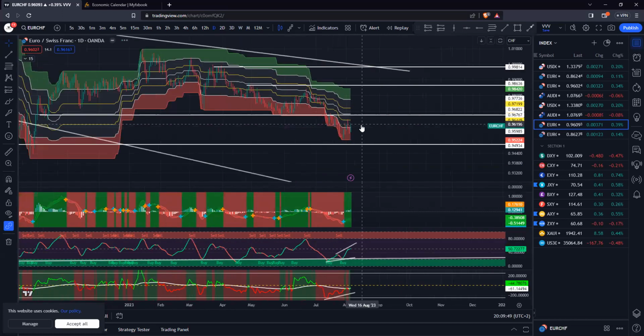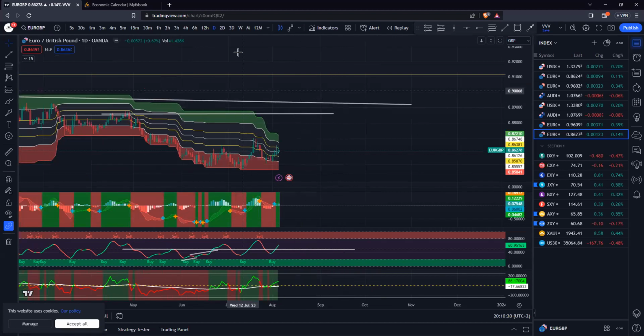So what I expect from the EUR CHF is a small retracement and then a continuation. But this could even retest a higher point, which would mean there is no divergence anymore, just a convergence, and taking back the zero line to make some space for the next move down.